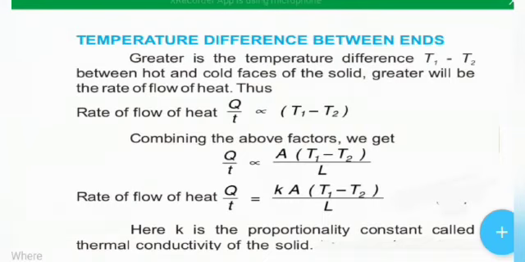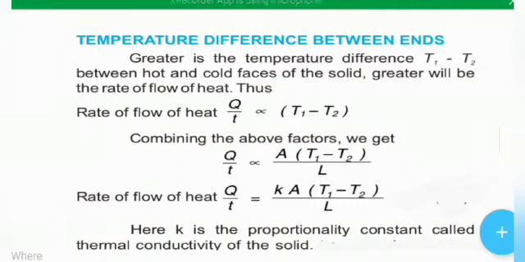So the temperature difference between the two faces is T1 minus T2, and this is directly proportional to the rate of flow of heat, which means greater the temperature difference, greater the rate of flow of heat, and smaller the temperature difference, smaller the rate of flow of heat.